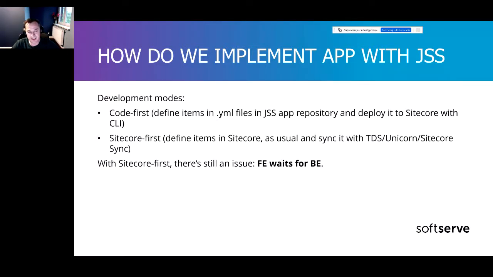So in our case, from the beginning, we knew that we would go with Sitecore first. But with Sitecore first, there is an issue: this time the front-end needs to wait for the backend, because the backend needs to build the templates, build the renderings, and define the contracts, so the front-end will have data to implement the components.